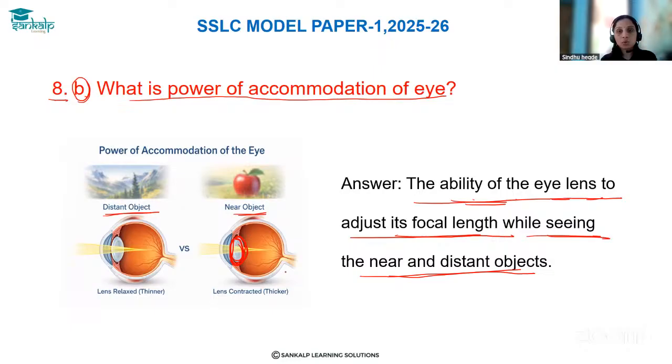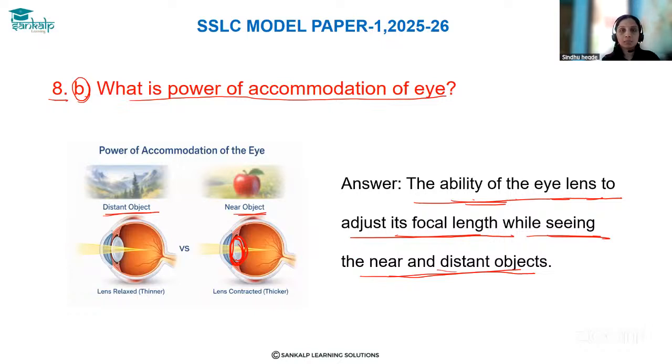If this focal length adjustment is not proper, we can't see the objects clearly. So the power of accommodation of the eye represents the ability of our eye lens to adjust the focal length while seeing near and distant objects.